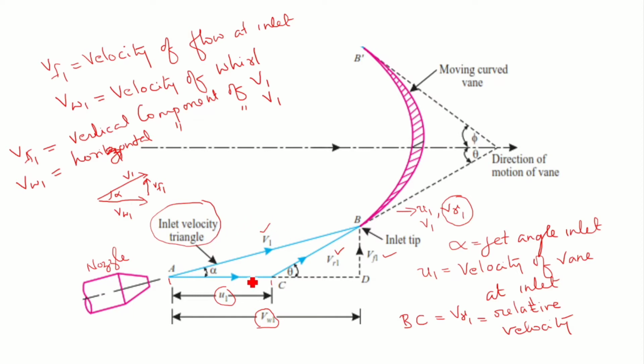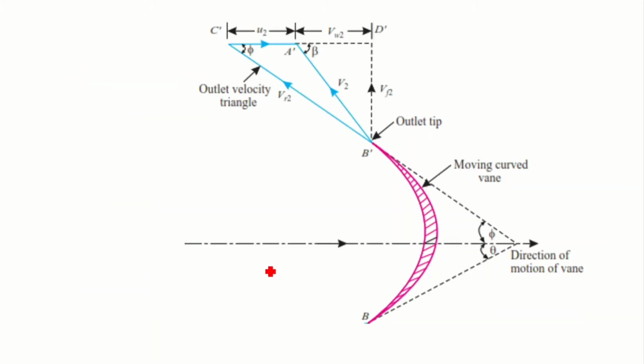Now let us look into the details of the velocity triangle at the outlet. This figure represents the velocity triangle at the outlet. We know that the absolute velocity, that is the actual velocity of the jet at inlet, is V1.